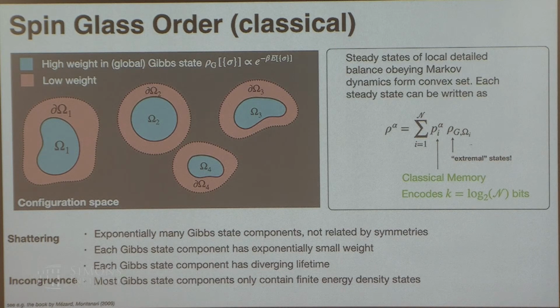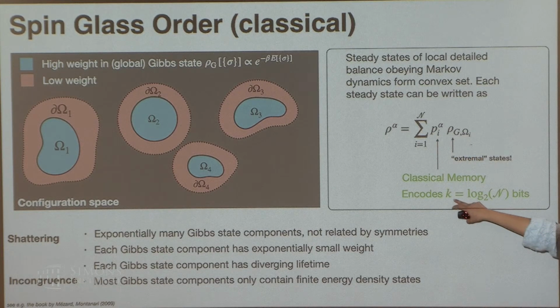So now, steady states of local detail balance obeying dynamics, we know that these form a convex set, and the point is that each steady state can be written in the following way, where you take your set of extremal states, and you assign different probability weights to these different extremal states. This is some classical probability vector.